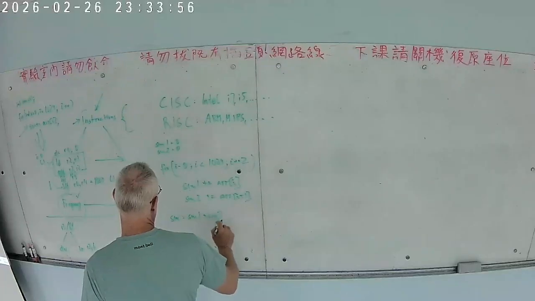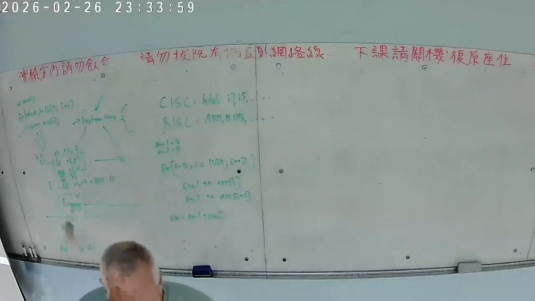And why is that a lot faster? Or why can that be a lot faster?